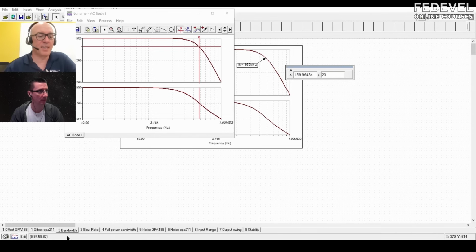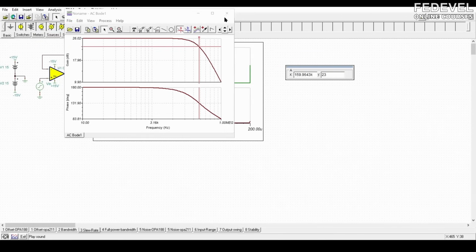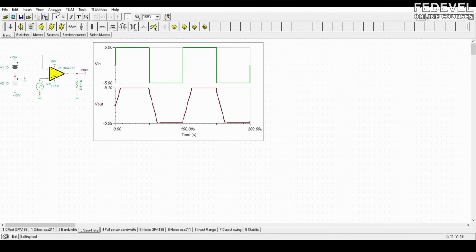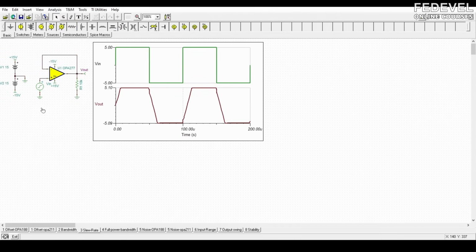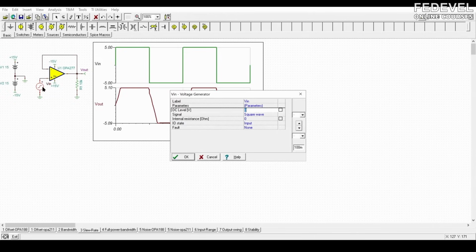So if I look at the slew rate simulation, I can say analysis. Transient is a time-based analysis. And before I run the transient analysis, let me just click on this signal source. You can see that it's set up for a square wave.